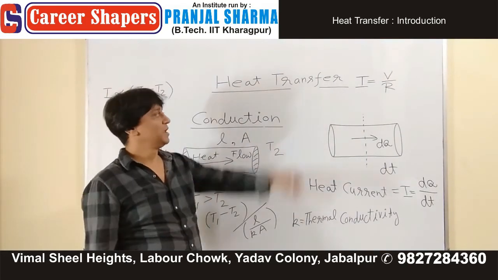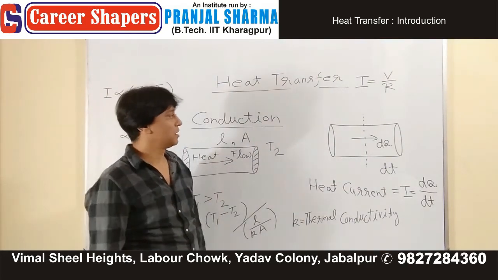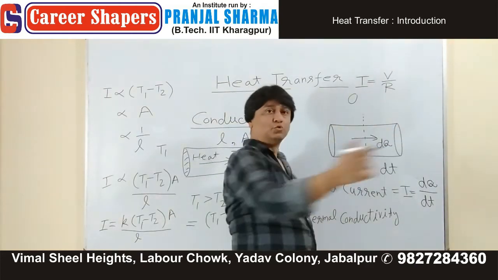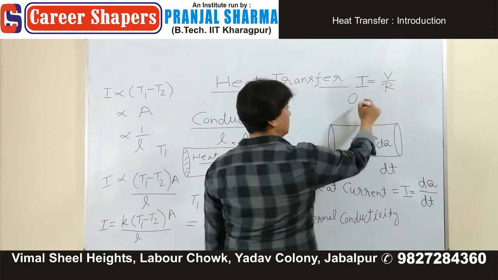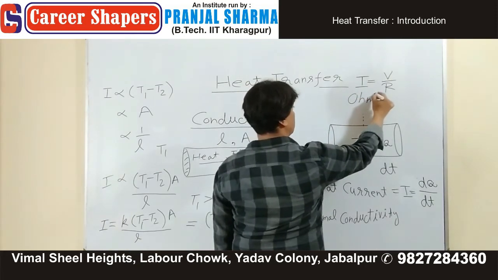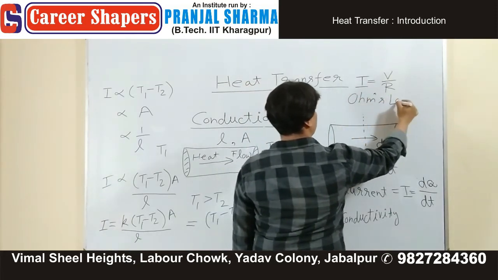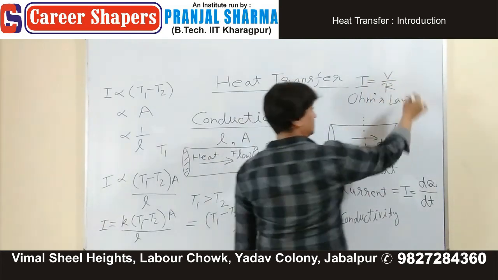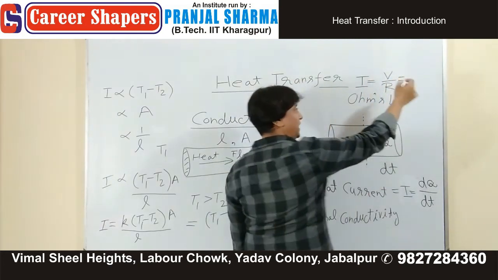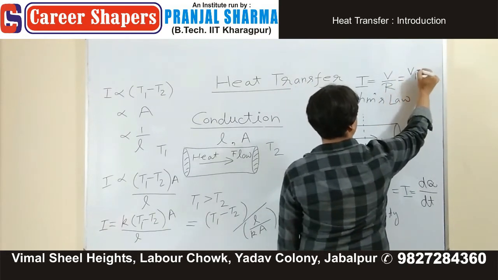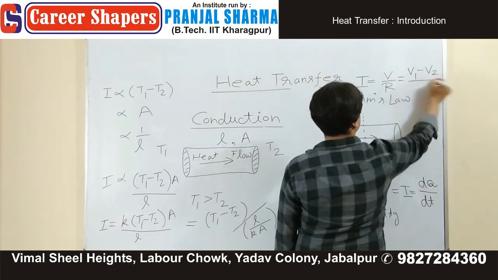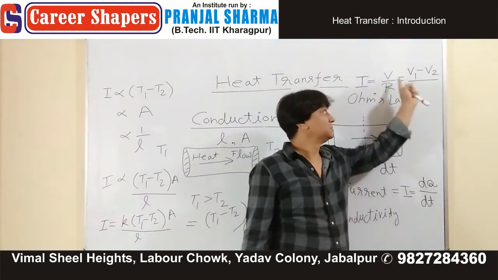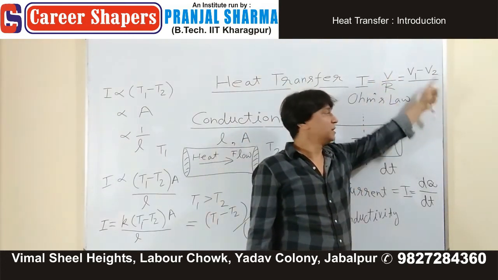Have you seen this thing? I equals V upon R. No need to ask, you must have seen it. This is what? Ohm's law. What is Ohm's law? Hopefully you have seen this. V1 minus V2. What is V? Potential difference. V1 minus V2.